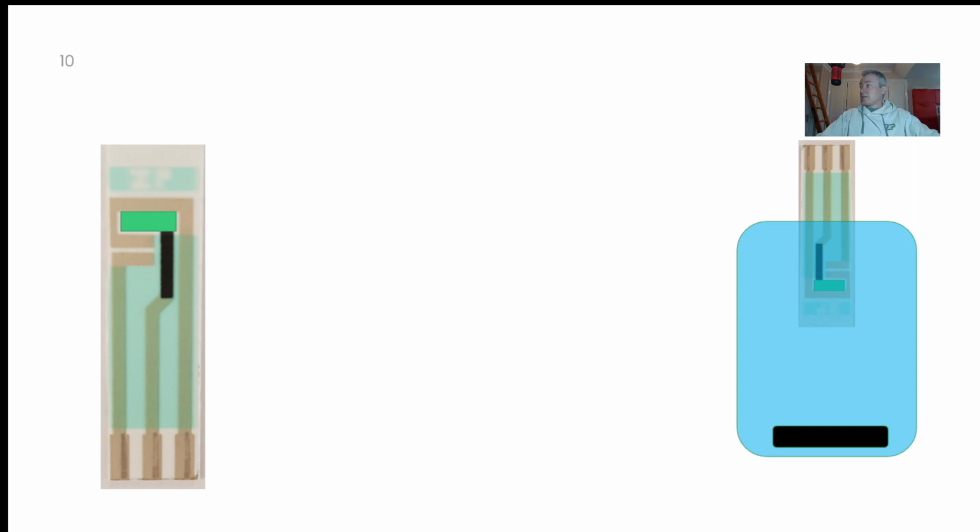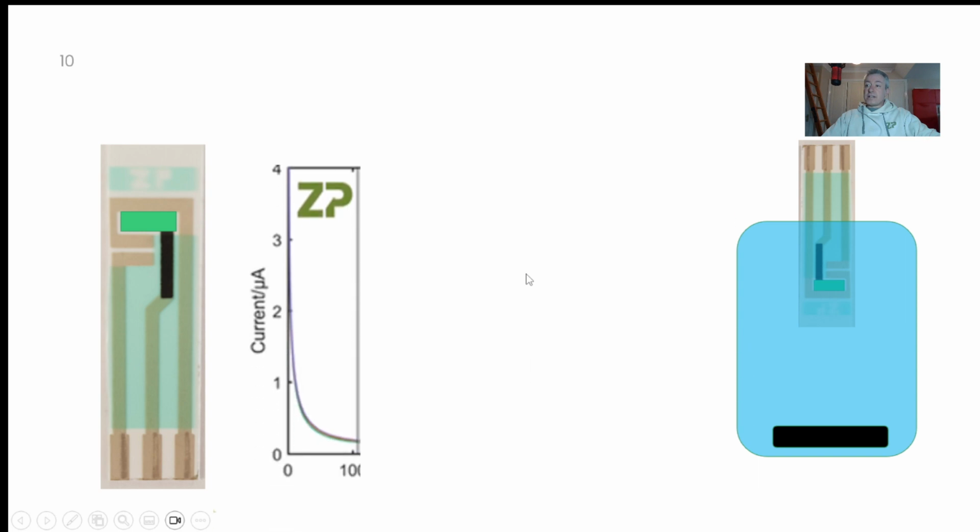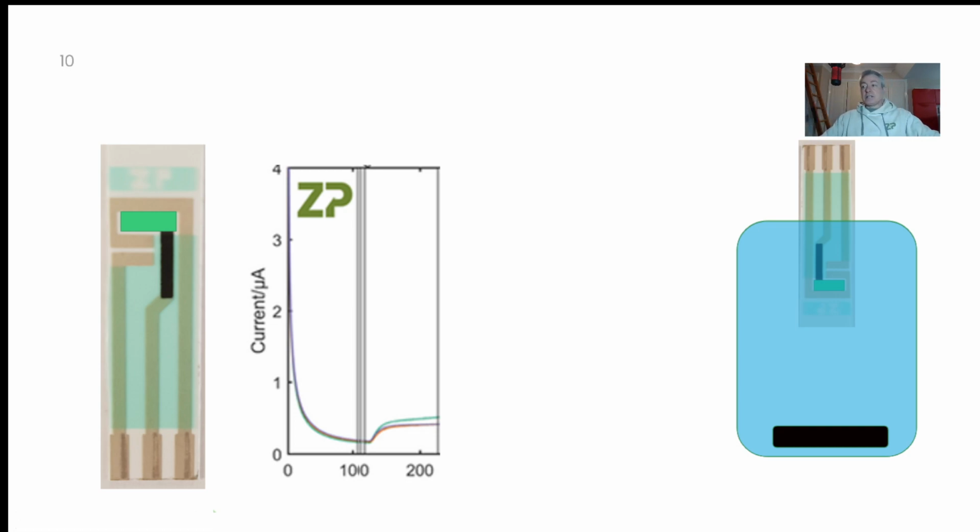I would describe that, the term is mass transport, as steady state. And then I can see that in the current. When we add glucose, we get a current response, and the current response is quite flat. That's a steady state current due to steady state mass transport.